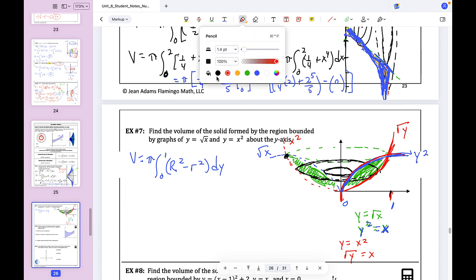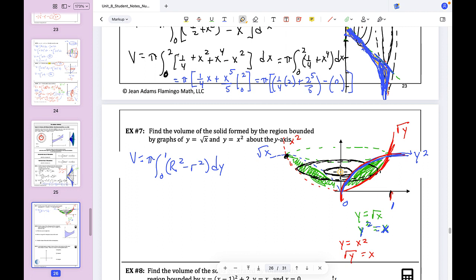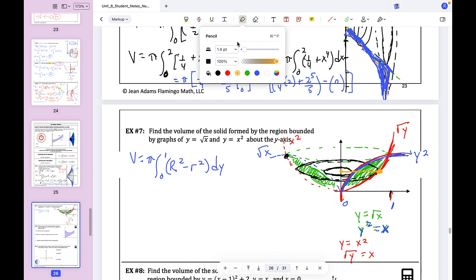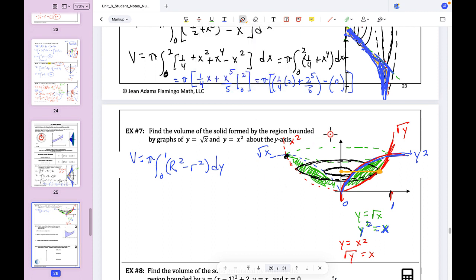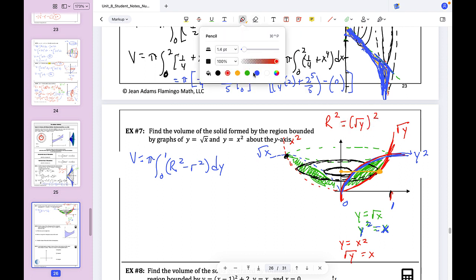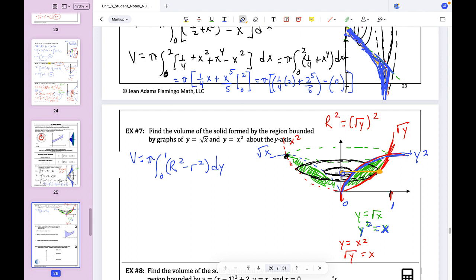Okay, so now let's look at our actual function. My big R is going all the way out here to this red one, which is the square root of y. So big R squared is the square root of y squared. And then little r, that's right here.